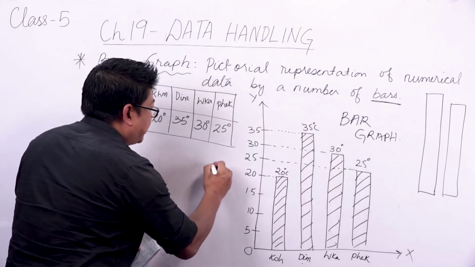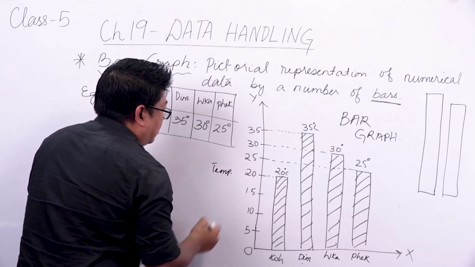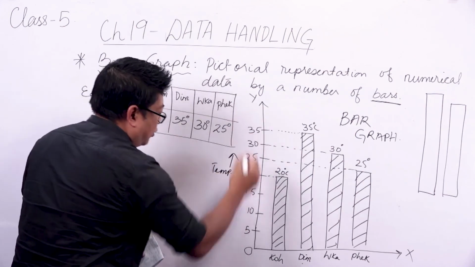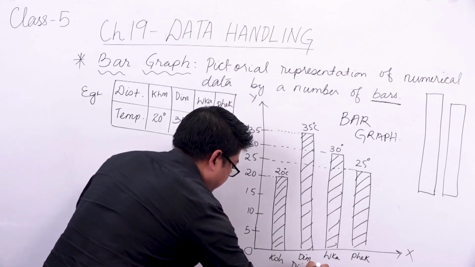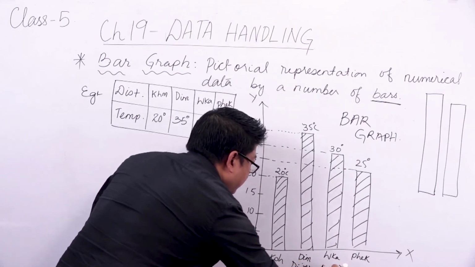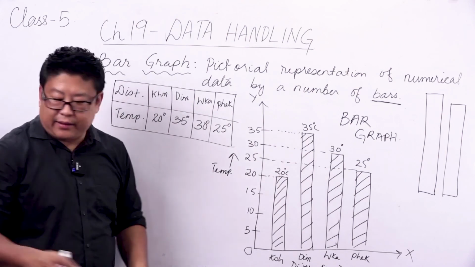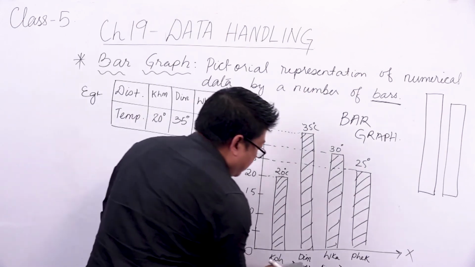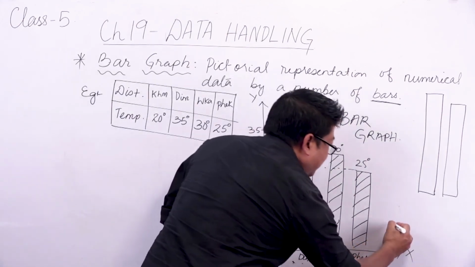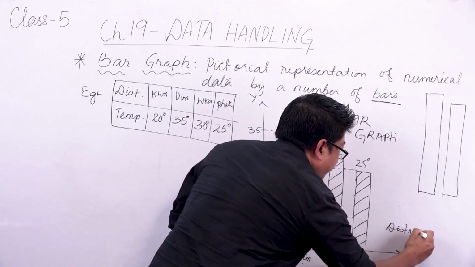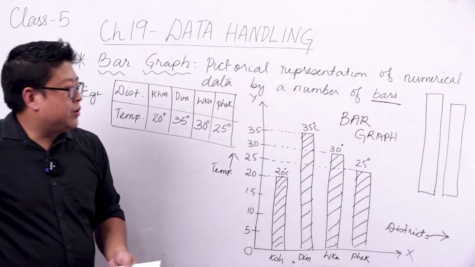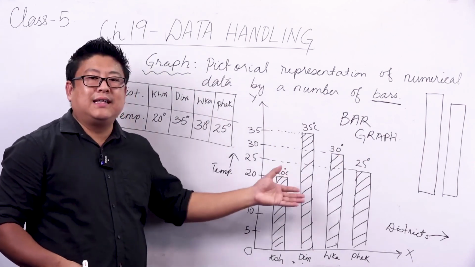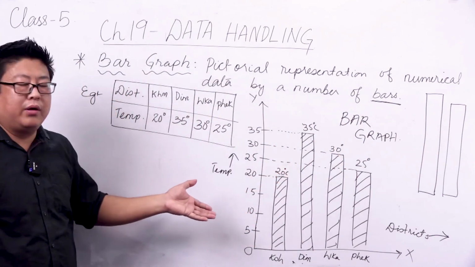This side is temperature from 0 to 35. This side, it is district. All right? So this line represents district. Okay? So sometimes they will ask you, what does this bar graph represent?